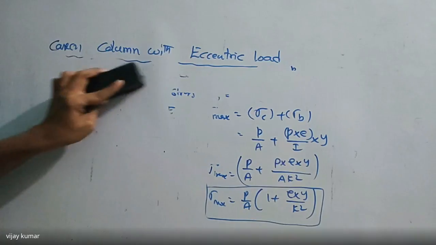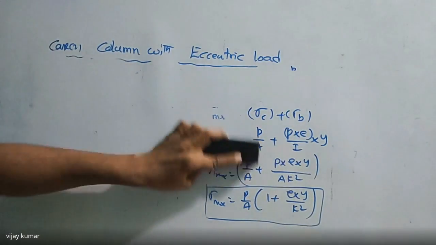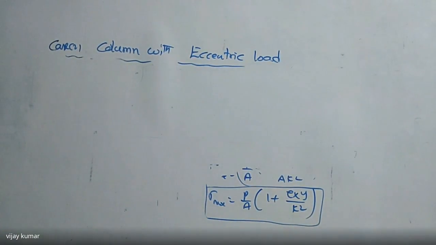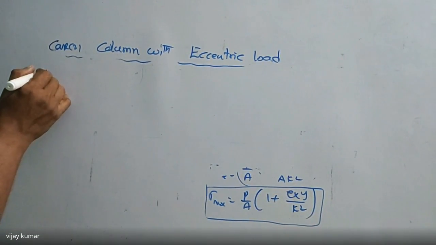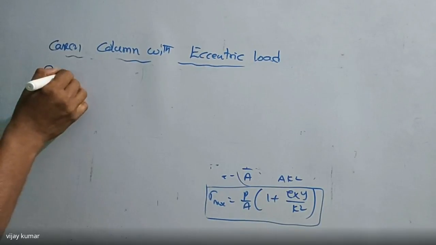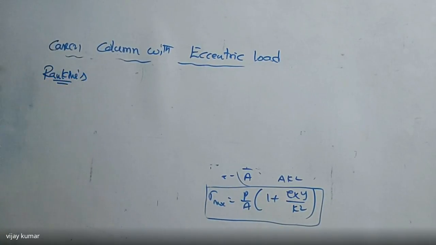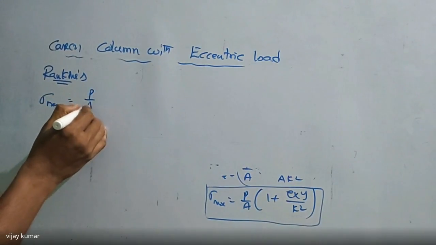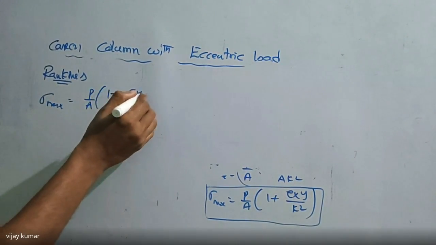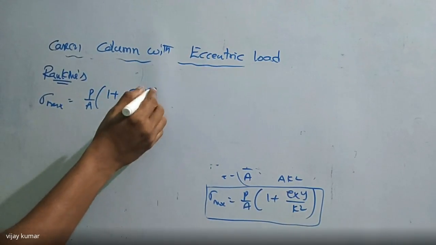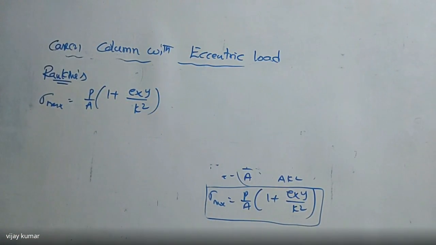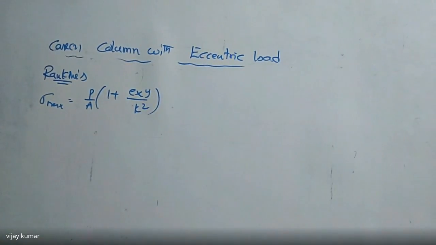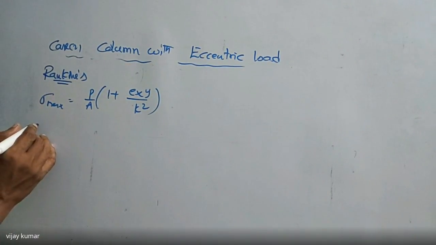So maximum stress according to Rankine: sigma maximum is equal to P by A into 1 plus E into Y divided by K square. According to Euler's we can also find it. So now here, what is the safe load on the column?